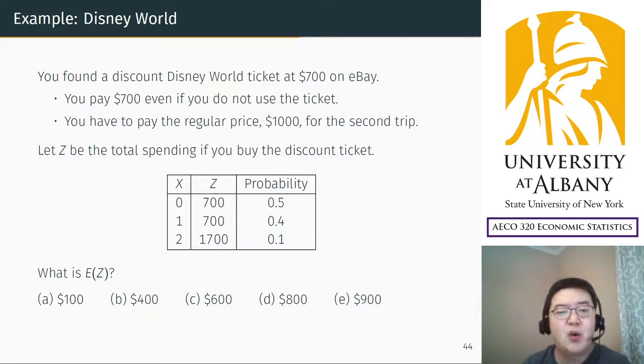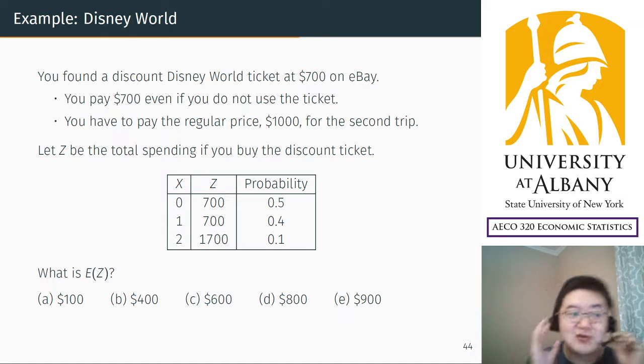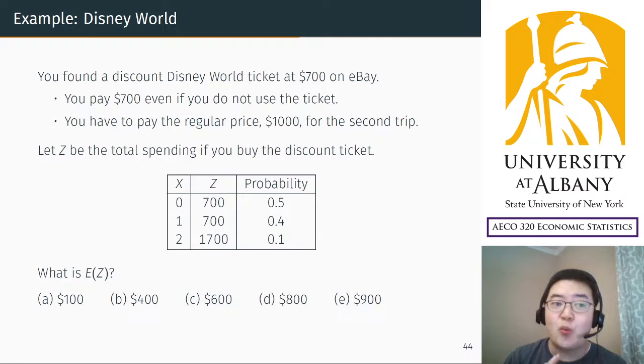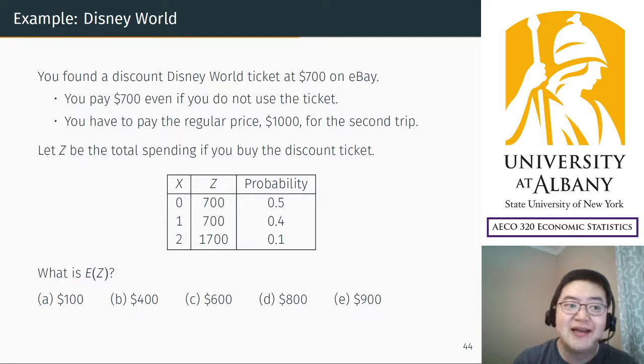but if I go, then I can save. In addition, I make this assumption: if I go to Disney World twice, then of course the second trip will be at the regular price. So you understand the situation. Now I have to decide whether to buy this ticket or not.